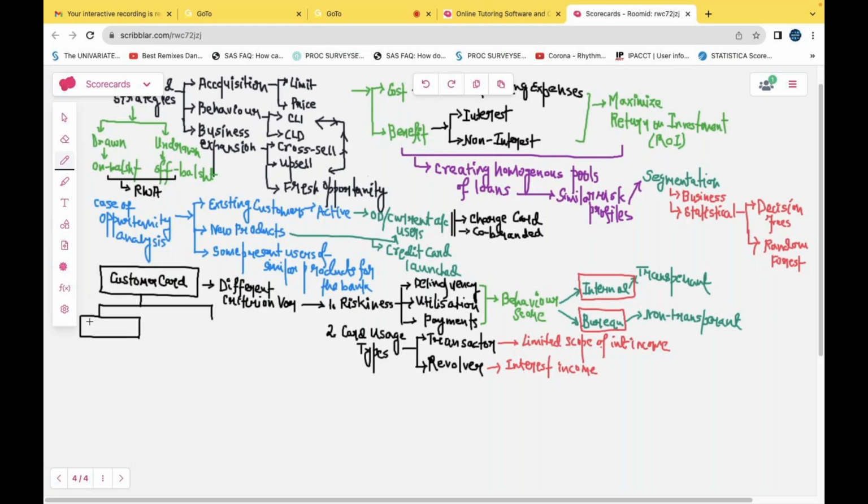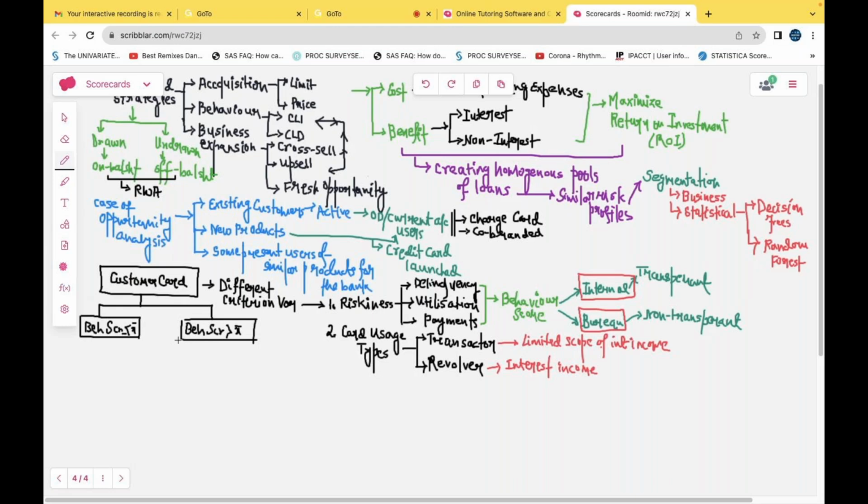The first is with the behavior score: behavior score less than X bar and behavior score greater than X bar. I'll go a bit granular into behavior score in successive discussions, but first of all, I'm creating the premise for the discussion. So less than or equal to this and greater than this.